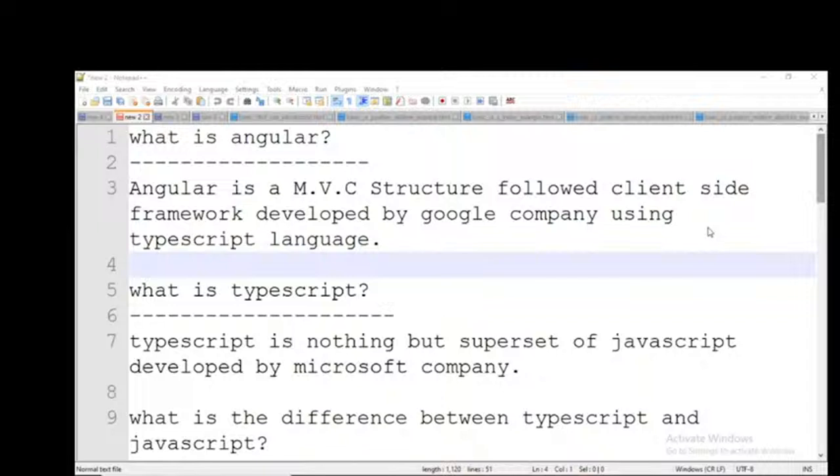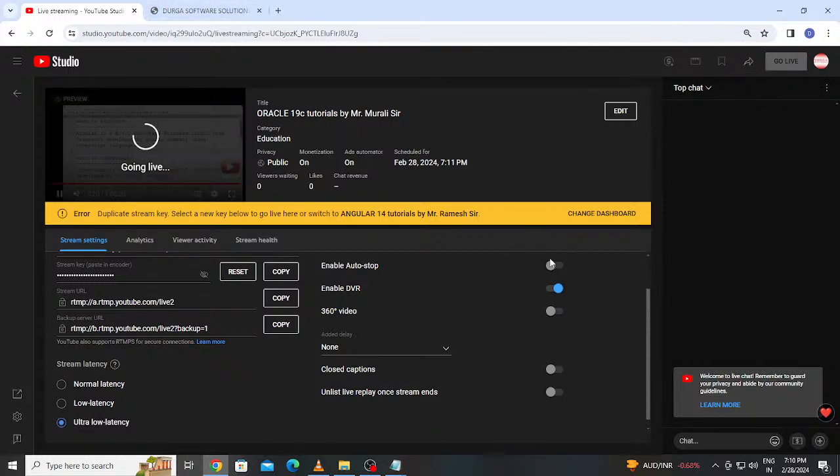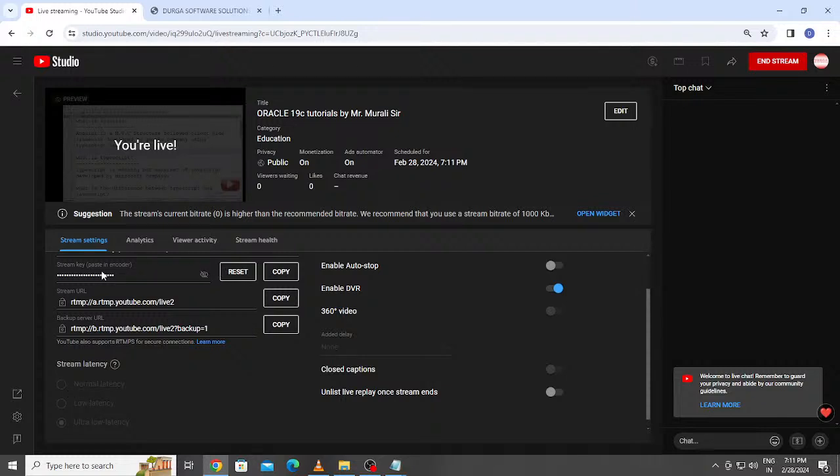If you want to store your data permanently, we should store that data in a database. Oracle versions are 18C, 19C, and the latest one, 21C. In our class, we are learning 19C. C means cloud technology.